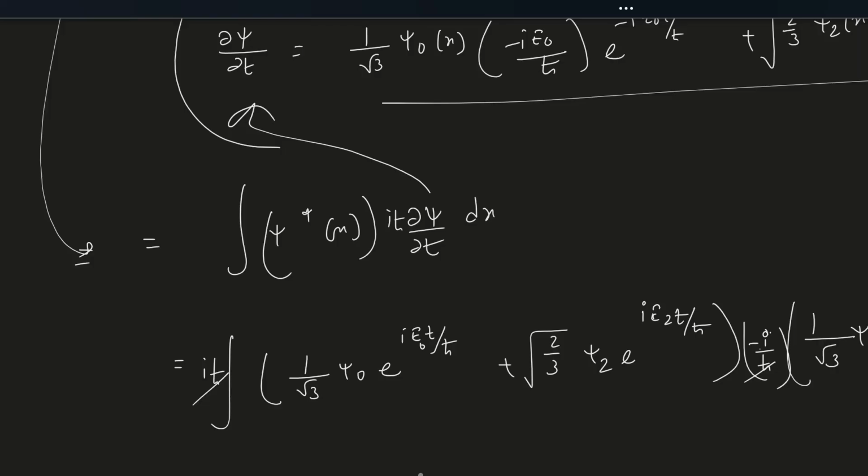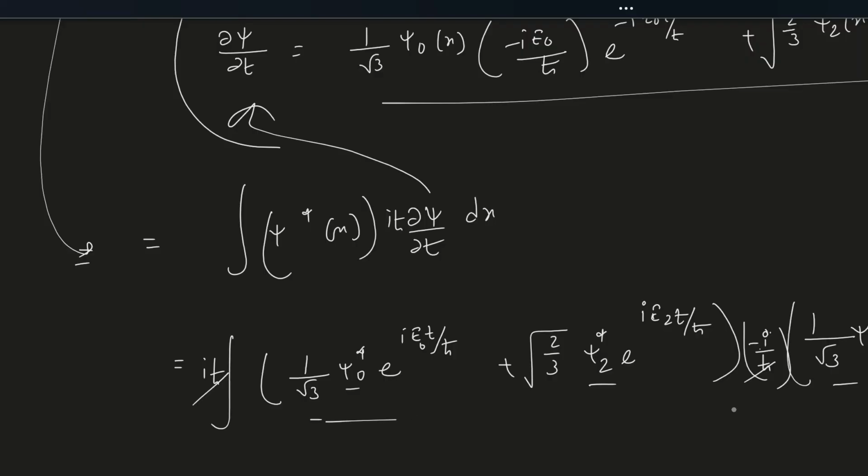Now in the integral, if you take this multiplication term by term, you'll see that the first term and this term is 1 by 3 psi naught. So this is psi naught star, because it is a complex conjugate, I forgot. So this is psi naught star, psi 2 star, and this is psi naught, psi 2.